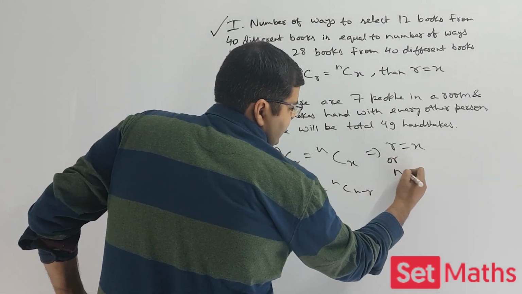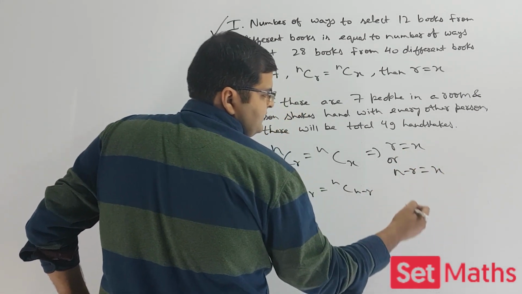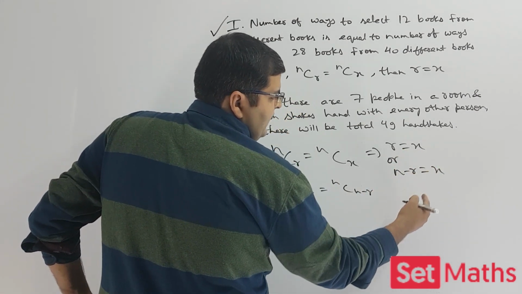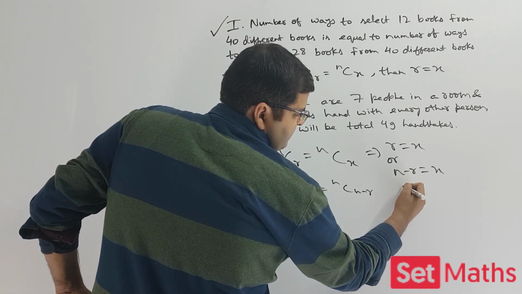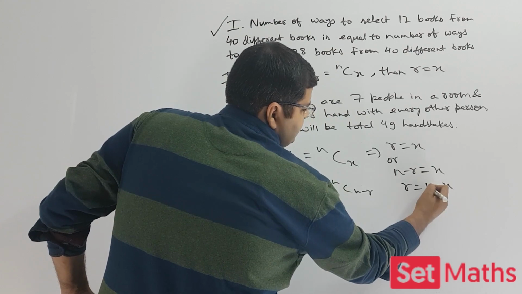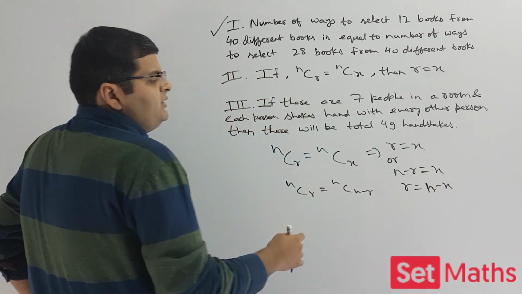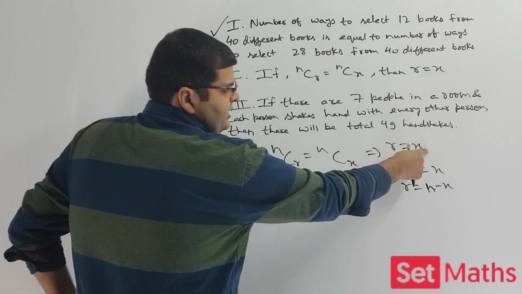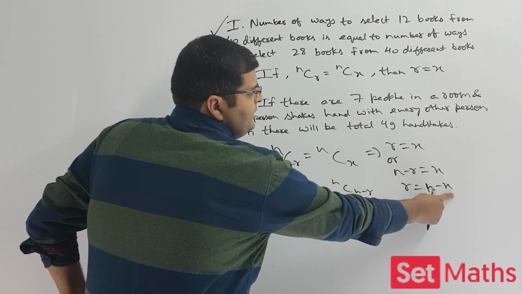If n minus r equals x, then r will be equal to n minus x. So we can have r equal to x or r equal to n minus x.